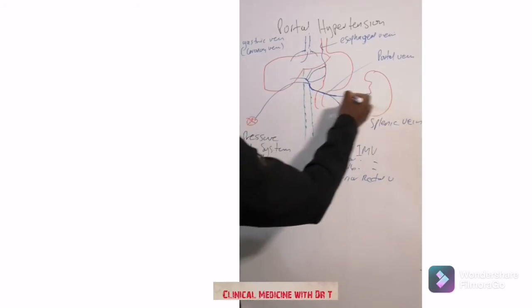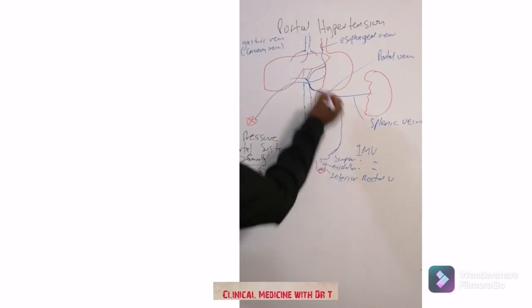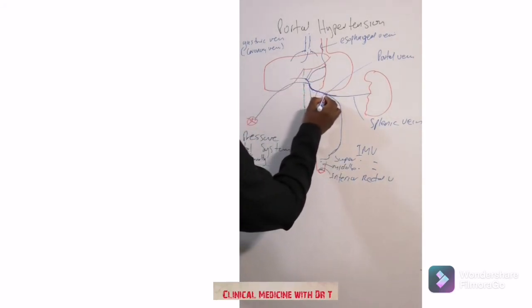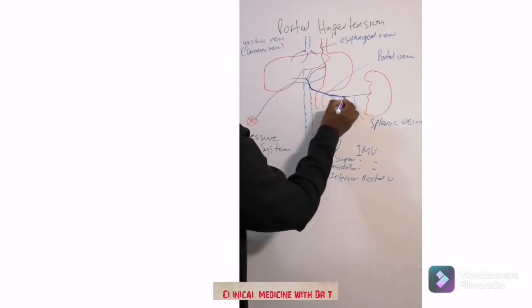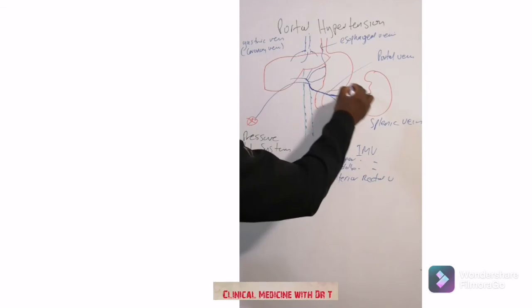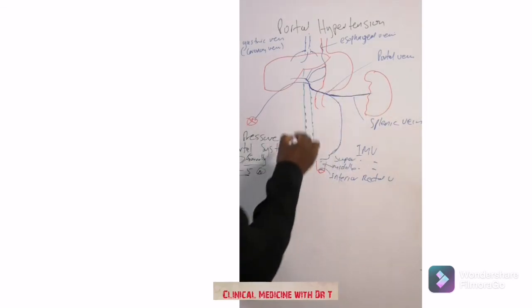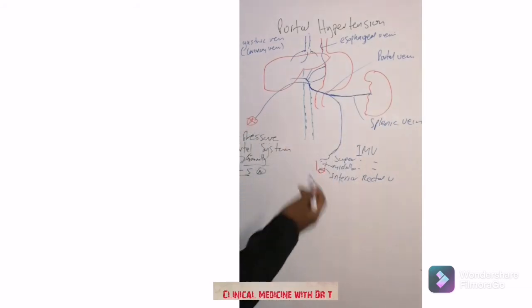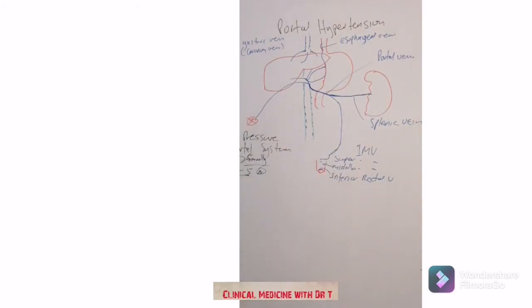Blood is supposed to move from here like that, from here like that, from there like that. But now you're going to have a situation whereby blood starts to go back. And when blood starts to go back, you're going to have a dilated splenic vein. And the splenic vein will accommodate the blood, but it's going to get to a point where it can't accommodate the blood anymore.